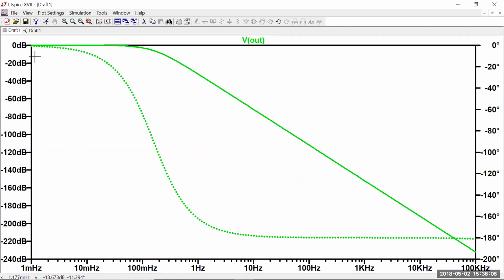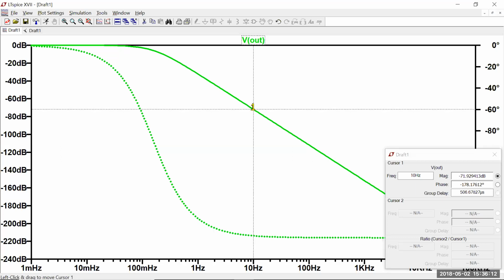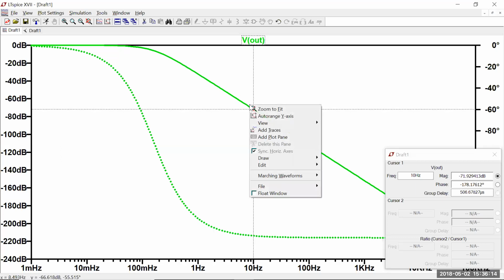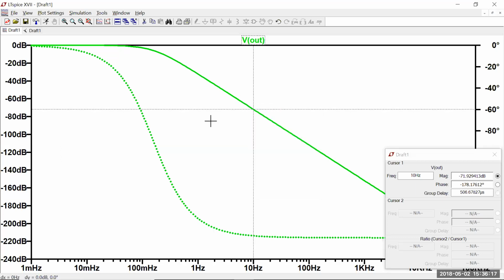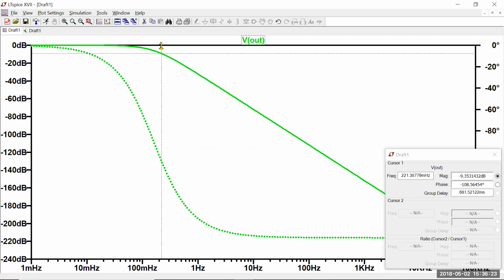All right, phase goes from 0 to minus 180. Oh, that's good to know. Where's omega naught?